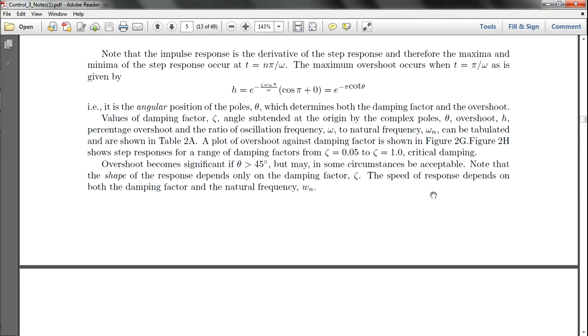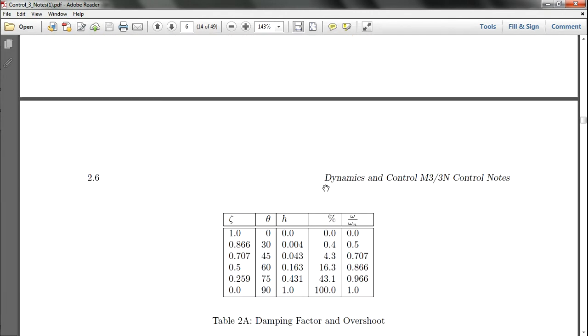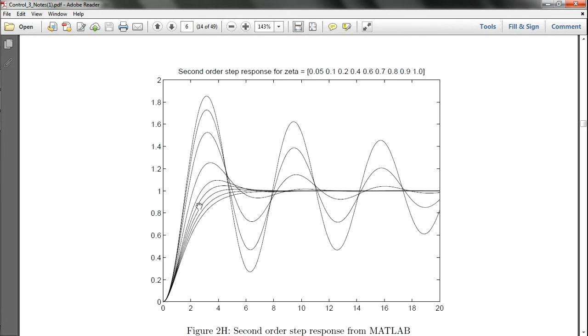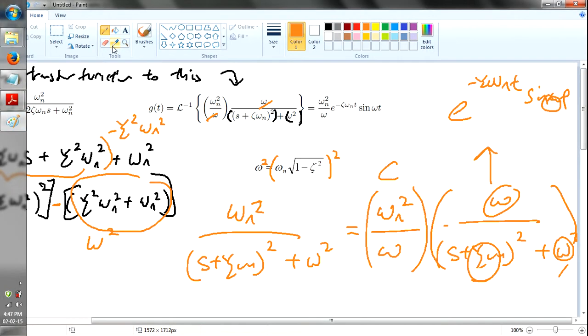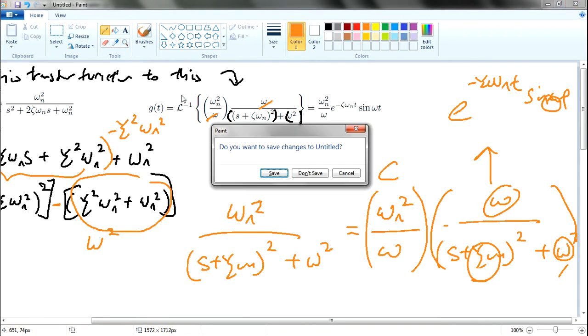While the speed of the response is how fast it will decay down.